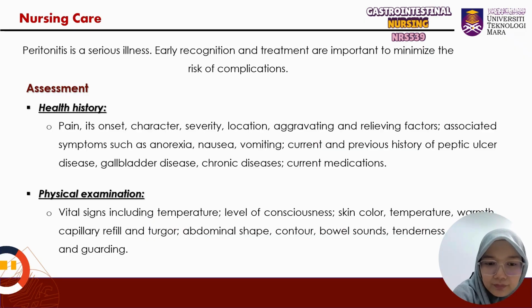For physical examination: vital signs including temperature, the level of consciousness of the patient, the skin color, temperature, warmth, capillary refill, and turgor of the skin, abdominal shape, contour, bowel sounds, the tenderness, and guarding of the patient's abdomen.